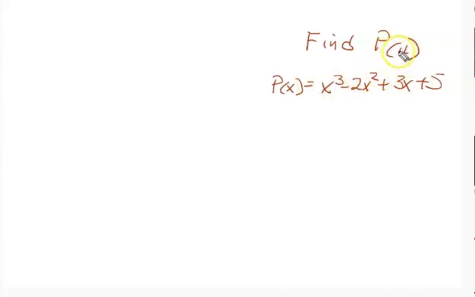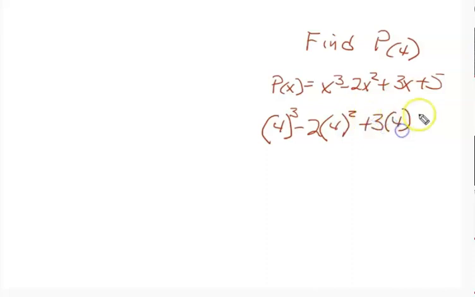So whenever they give you a value like this, what they want you to do is take that 4, and wherever there's an x, you're going to put the 4 there. And I would suggest you put it in parentheses. Now the x is going to be 4, and this x is going to be 4, and this is going to be a 5.